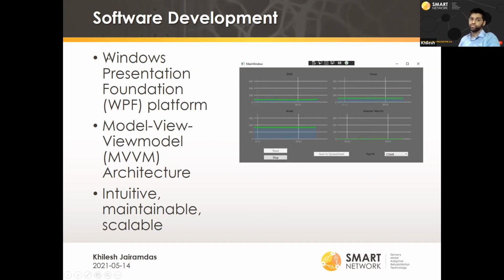So those of you with a software background might be curious to know, we're using Windows Presentation Foundation, which is, you might know, just very convenient and a great option to develop Windows applications with. It's using the Model-View-ViewModel architecture, which just really helps segregate the code in a logical way, and maintain the code because it's fully modular.